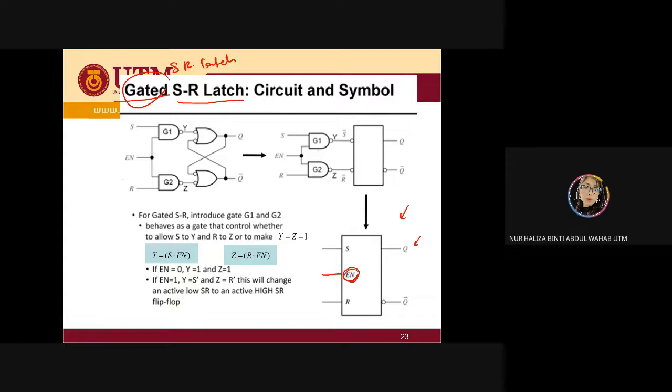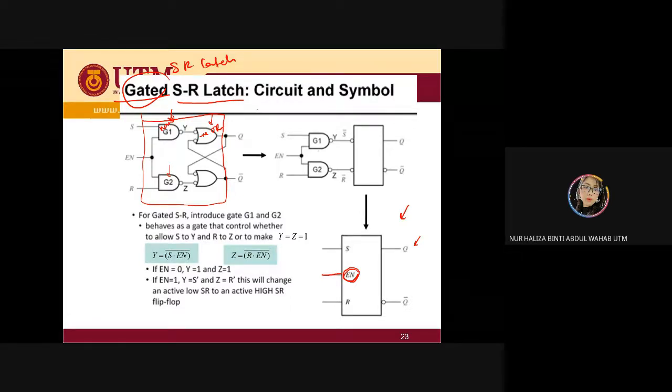Here you have NAND gates in combination with your negative OR gates, and this is another NAND gate, and this is a negative OR gate. So it will be your gated SR latch.